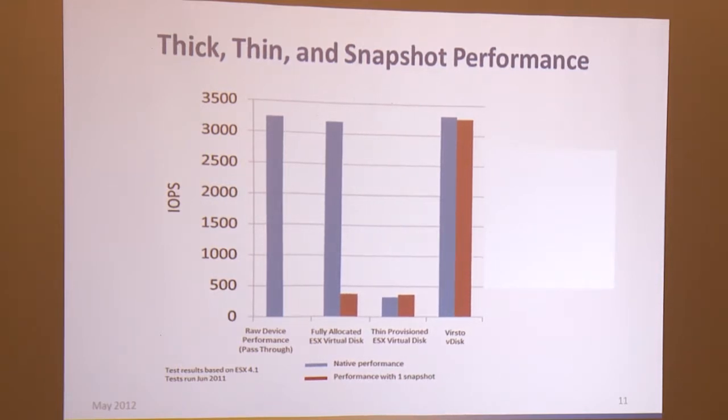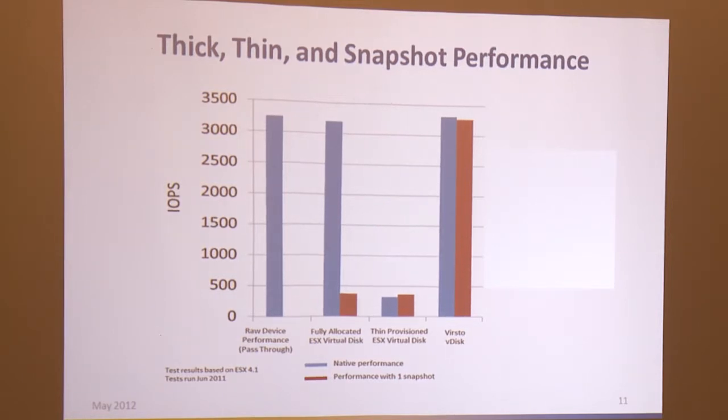Now, the assumption that we make here is this is what it looks like as soon as I create that thin provision device. So we haven't run it for some amount of time, in which case that red bar is going to start to go up, but it will never approach the top of the blue bar. If you create a thin VMDK, whether it has a snapshot attached to it or not, you're basically operating at that lower level. That's the third set of bars there.